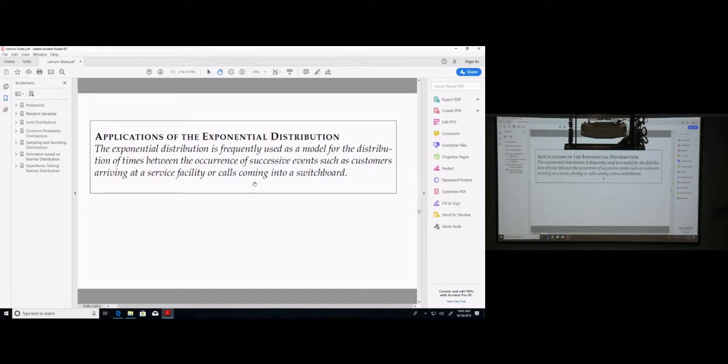And the time of event, usually in the examples we are going to go through, would be time to failure. For example, the light bulb is not working, or some electrical appliances.